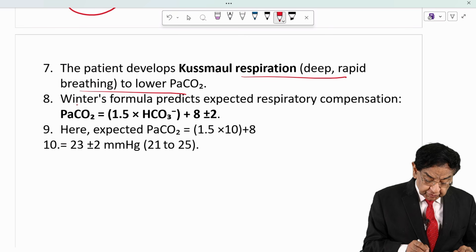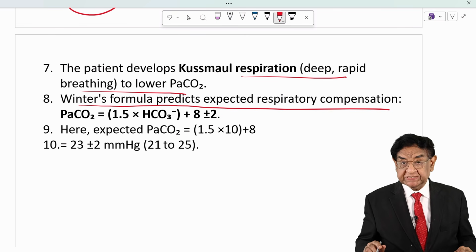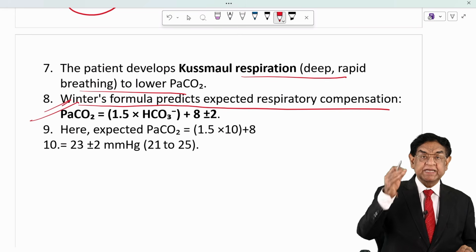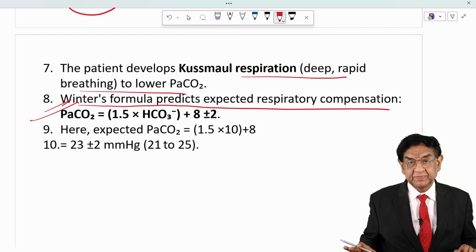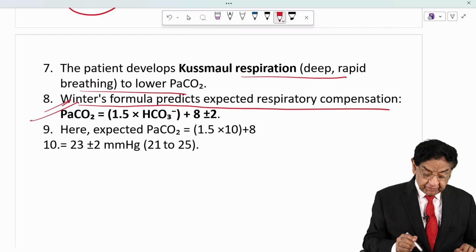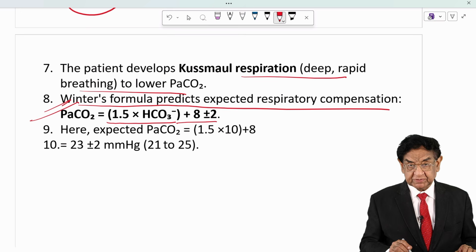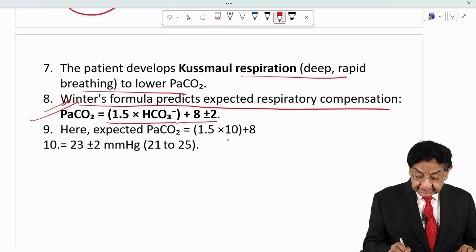We always use the Winter formula to look for how much compensation is there. This question comes in all the exams throughout the world, whichever exam you write. The formula is PaCO2 equals 1.5 multiplied by bicarb plus 8, plus minus 2. Now in our case, the bicarb is 10.